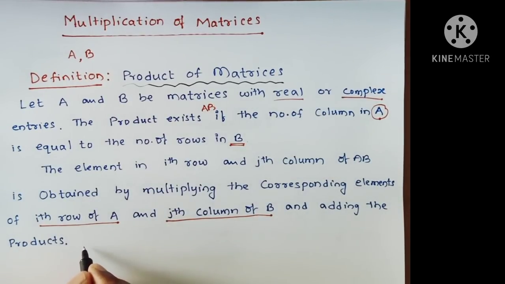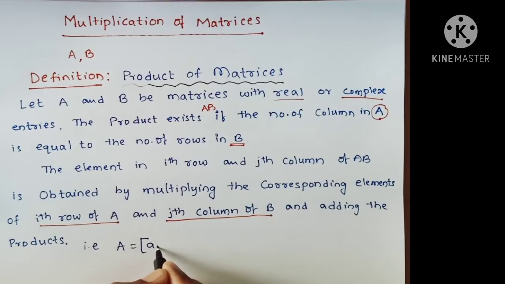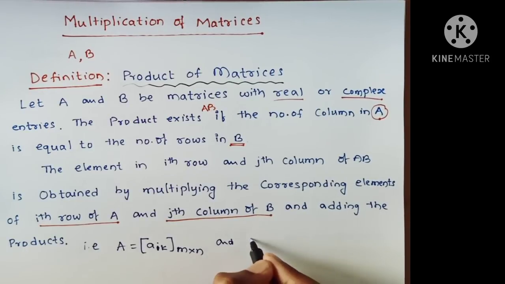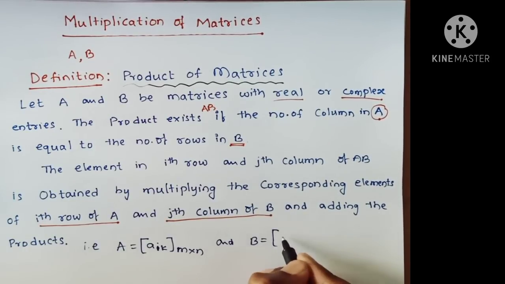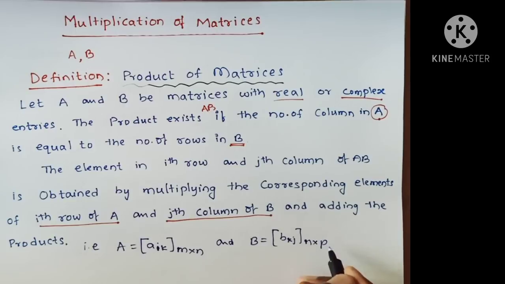That is, let A equal Aij, or Aik, of order m by n, and B be a matrix of order n by p.